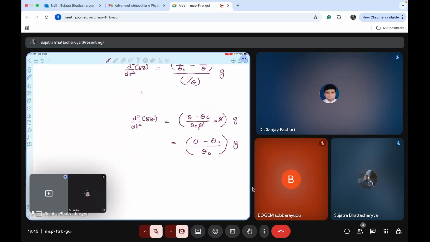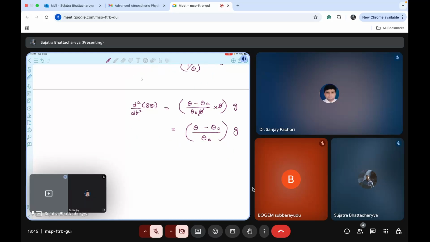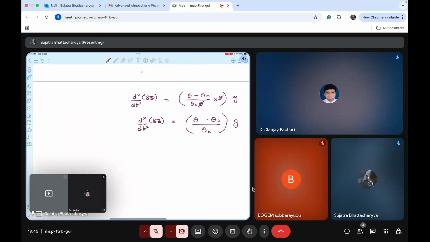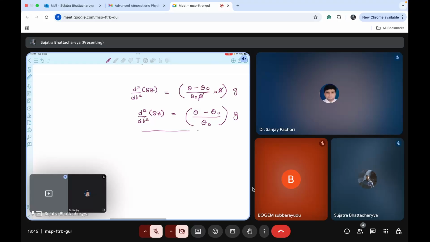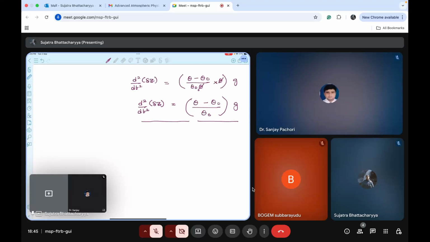This is what you are getting finally: theta of parcel minus theta of environment divided by theta of environment. This is the final equation. We will do a very little Taylor series expansion after this, and we will get the result which we want.